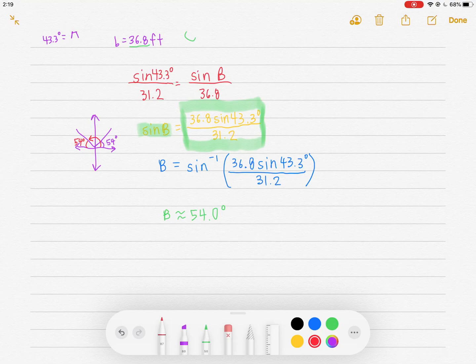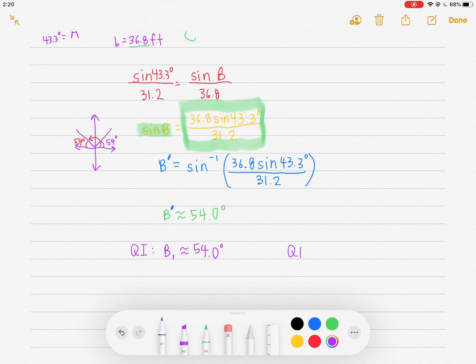And the answer here is yes. So we actually didn't find just B here. We found what I'm going to call B slash. And my B slash is approximately 54 degrees, or my reference angle. So my Q1 B, which I'm going to call B1, is approximately 54.0 degrees.